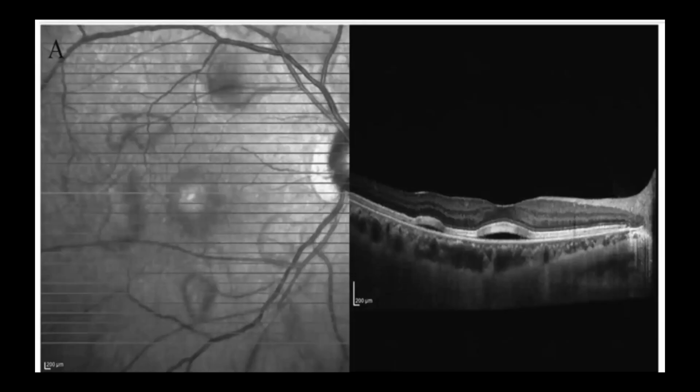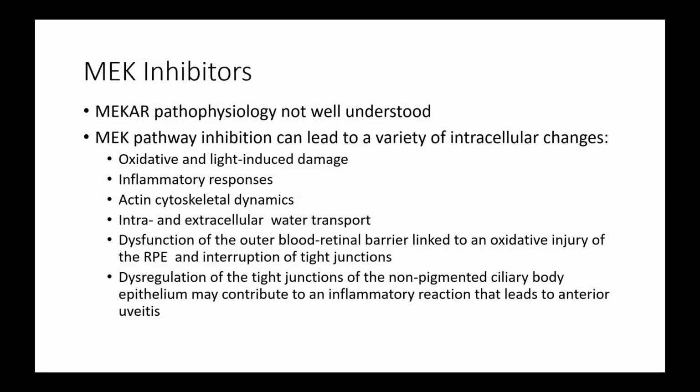Again, multifocal areas, and when you look on cross-section, there are subretinal fluid pockets in each one of the areas, which do resolve over time, even though the vision, especially if it's subfoveal, as in this photo, is reduced on presentation.